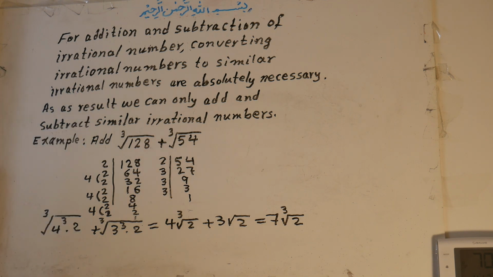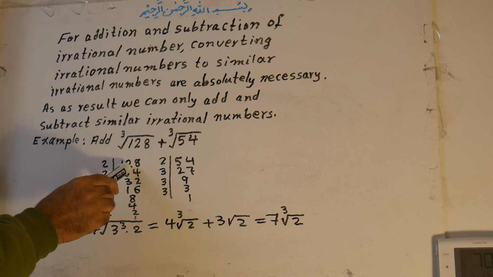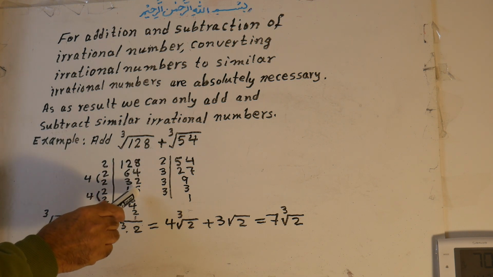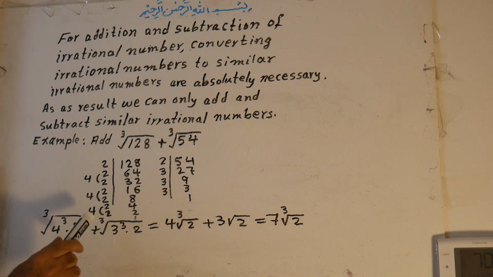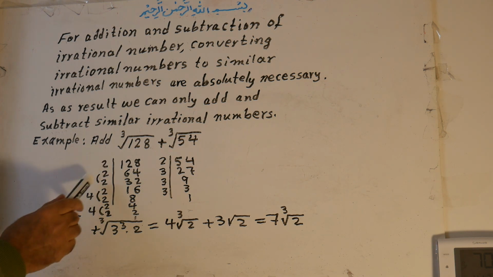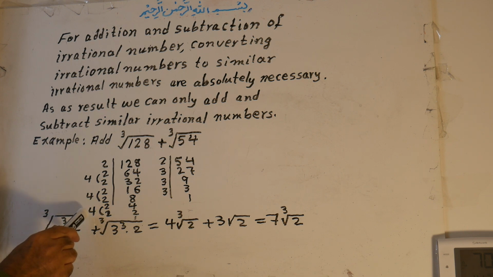Now what we should do, we must factor them. 128, factor the 2: 64, 32, 16, 8, 4 and 2. Now 1, 2 is extra, and 2 times 2 is 4, 2 times 2 is 4, 2 times 2 is 4. There's 1, 2, 3, 4, because this power is also 3.